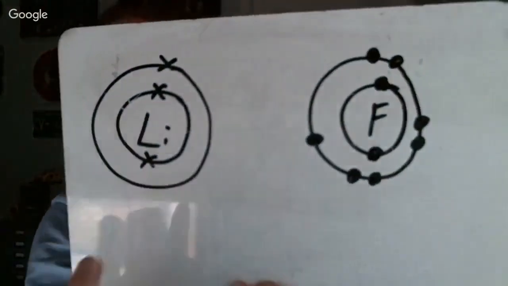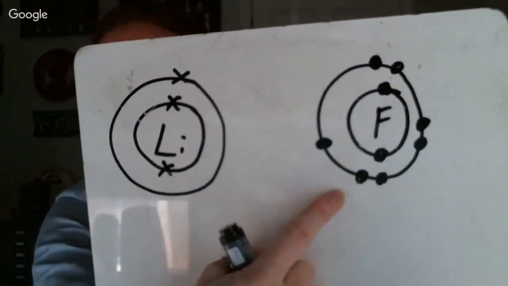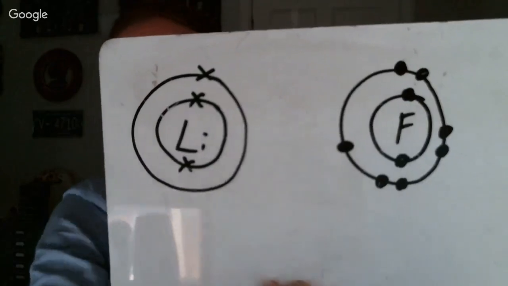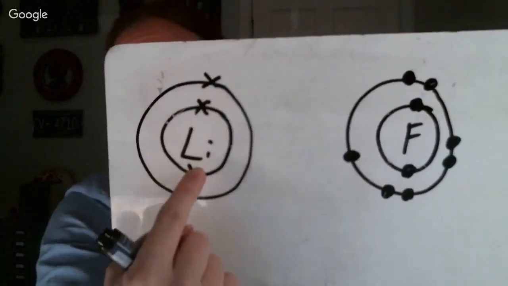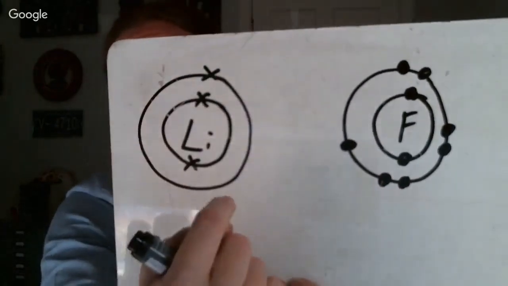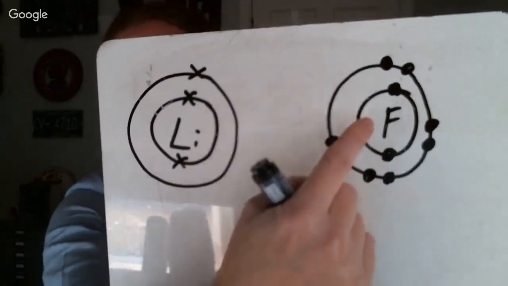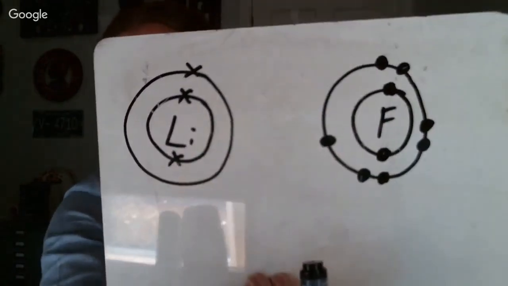You need to be able to draw the dot and cross diagrams for these. So what we've got is lithium and fluorine, so metal and non-metal. We've got 3 electrons in lithium, 2 in the first shell, 1 in the outer shell, and fluorine has 9, so 2 in the first and 7 in the outer.